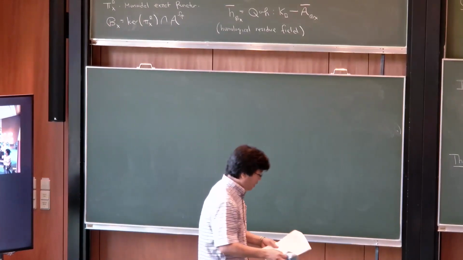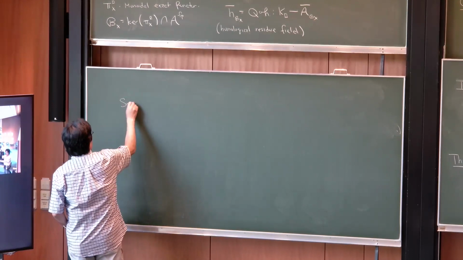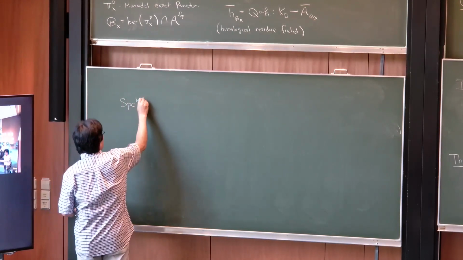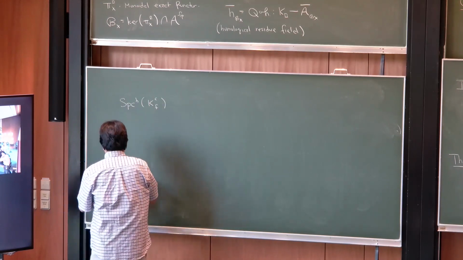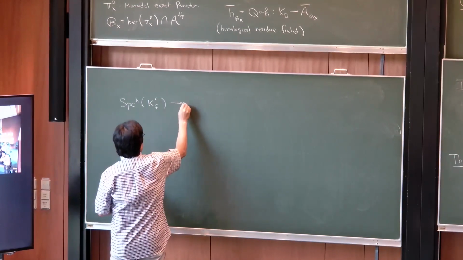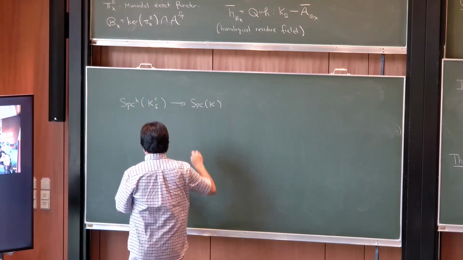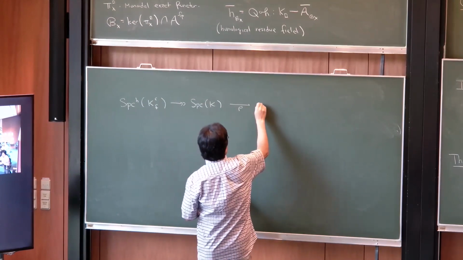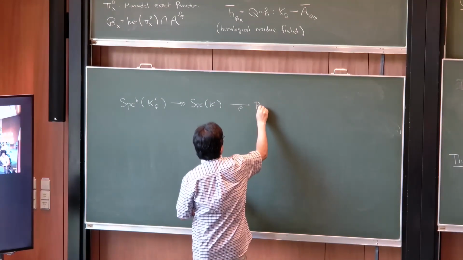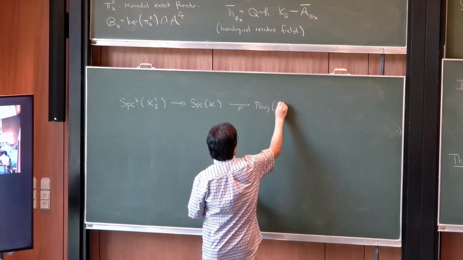So I have this diagram that I have put up before. This is a KF compact. This goes onto Spc of K. And then we have comparison maps here, which go to Proj of the endomorphism algebra.